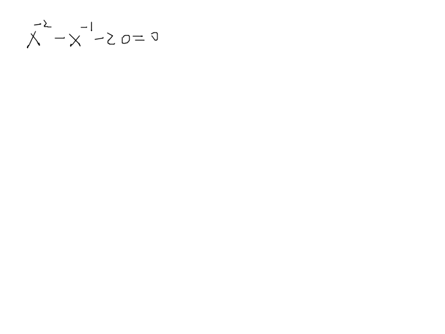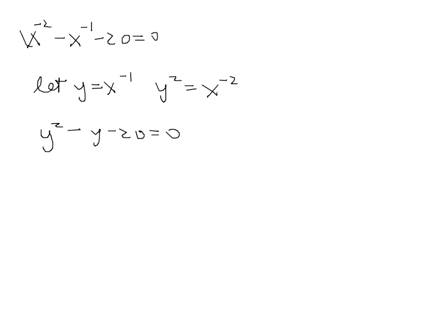Here we have x to the minus 2 minus x to the minus 1 minus 20. And I'm going to let y equal x to the minus 1. Then y squared would be x to the minus 2, because you square that. So this equation becomes y squared minus y minus 20 equals 0.